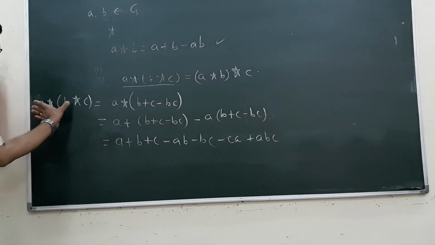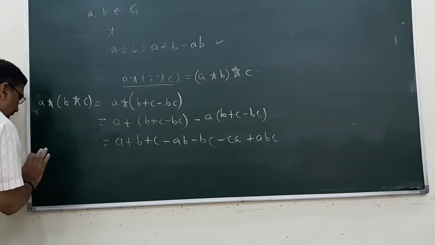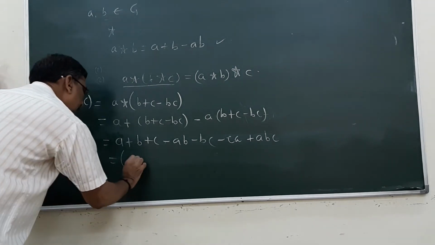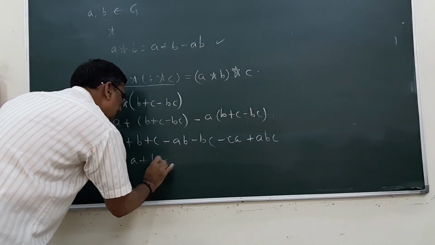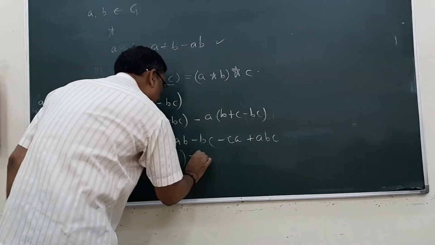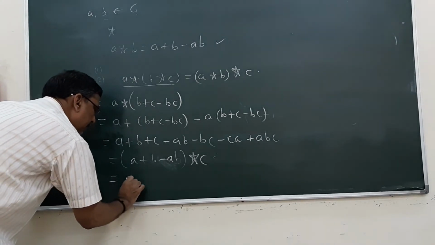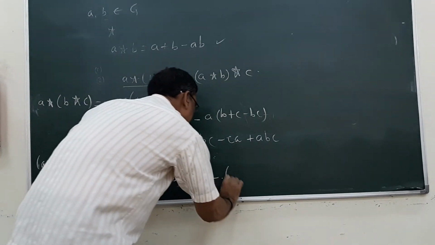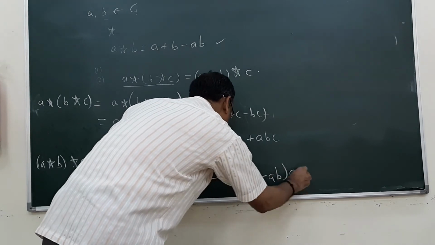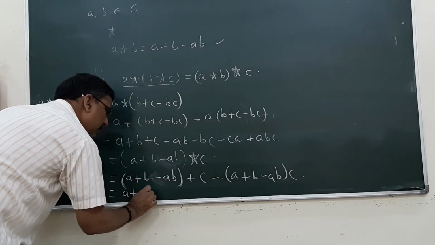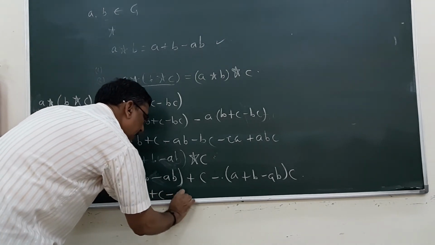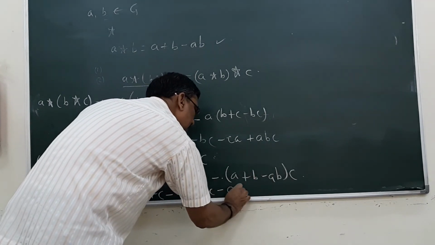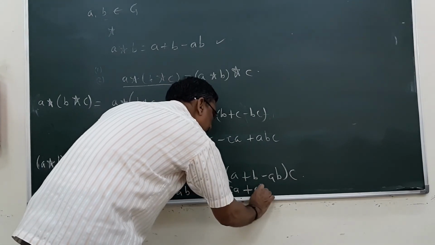This is the result of A operation (B operation C). Again, we can find (A operation B) operation C, which is A plus B minus AB operation C, equal to A plus B minus AB plus C minus (A plus B minus AB) into C. This will again be equal to A plus B plus C minus AB minus BC minus CA plus ABC.